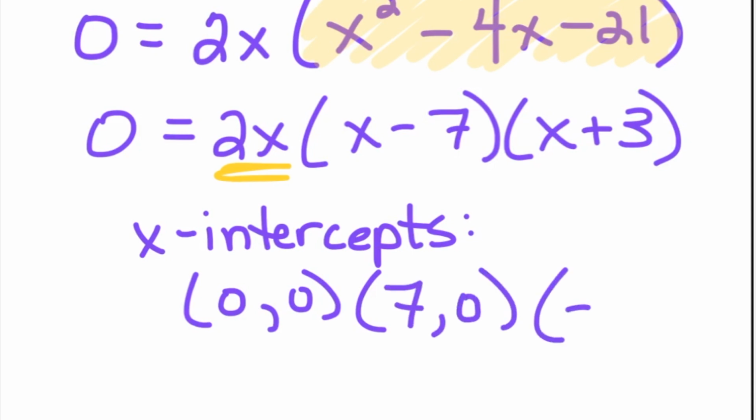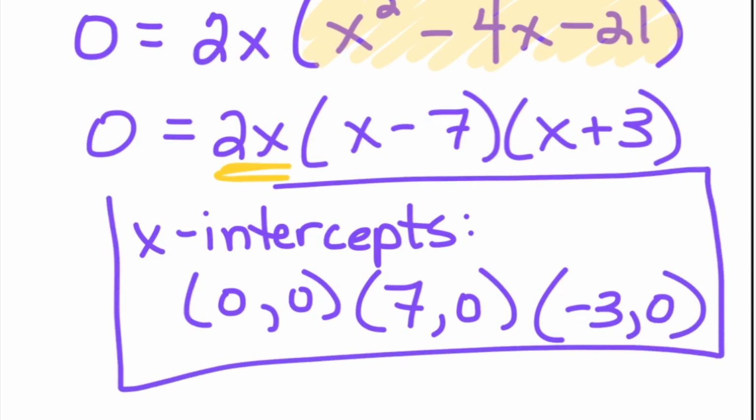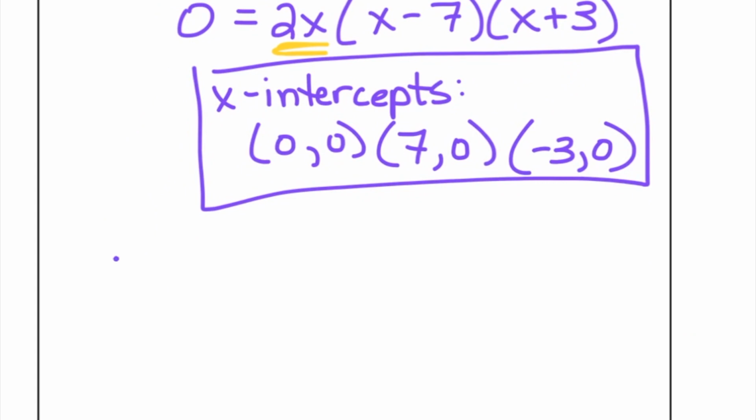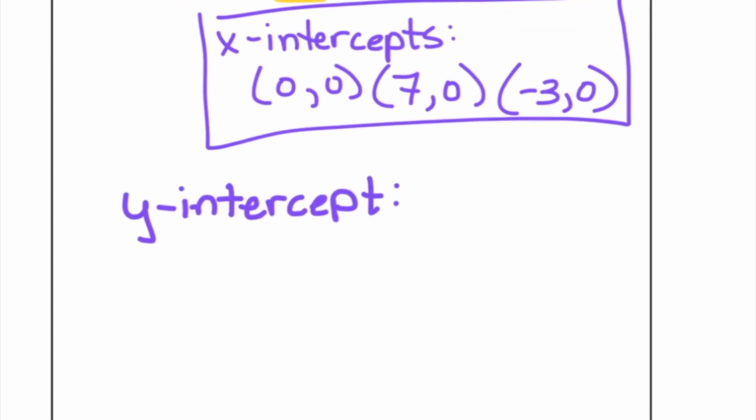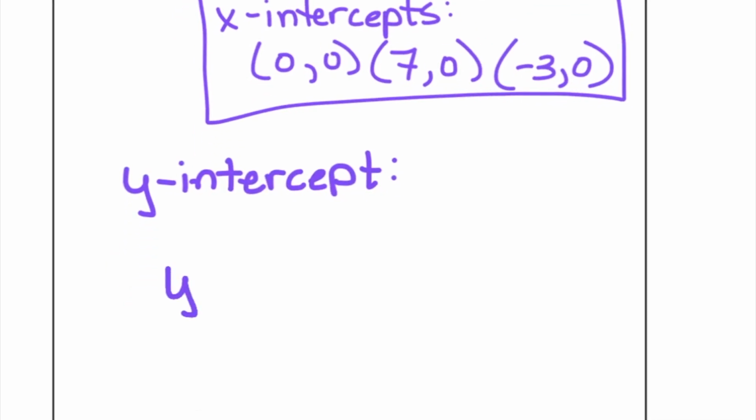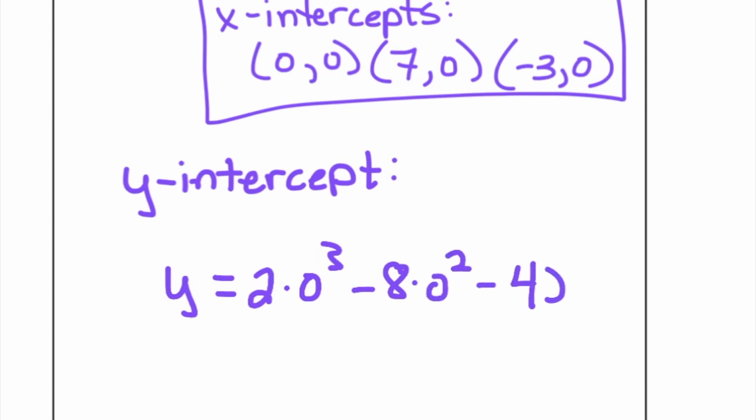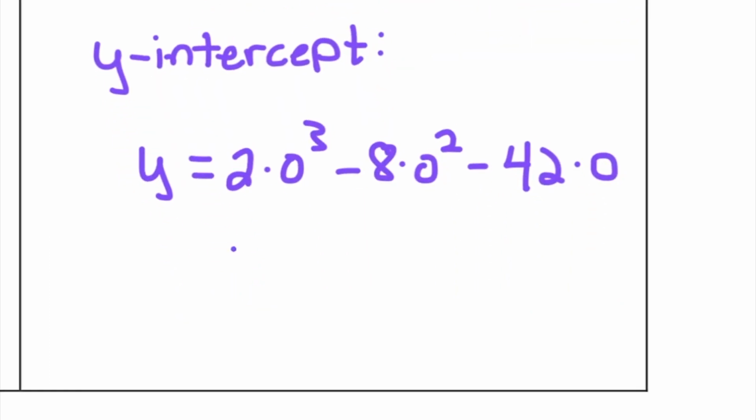And x plus 3 becomes negative 3, 0. So those are your three x-intercepts. And then again, for your y-intercept, you're going to substitute zeros for all the x's. So y equals 2 times 0 cubed minus 8 times 0 squared minus 42 times 0. Well, there's a 0 in every part of this now, so your y-intercept is 0, 0.